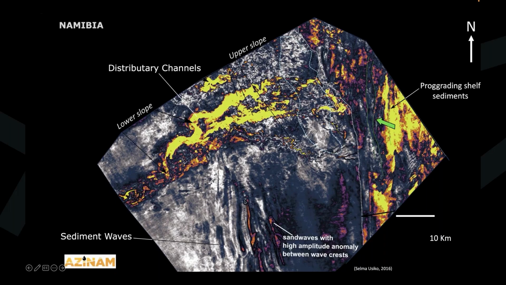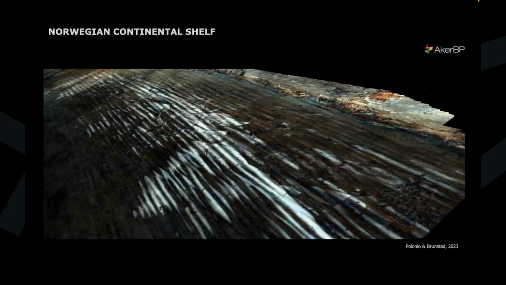And the interesting thing of this example is this: there are sandy deposits, or sandier deposits, with high amplitude anomalies between the wave crests, initially linked to the sediment supply through the canyons and then reworked by bottom currents laterally.